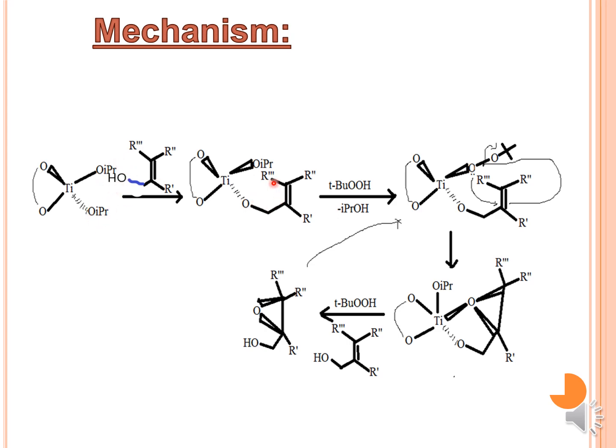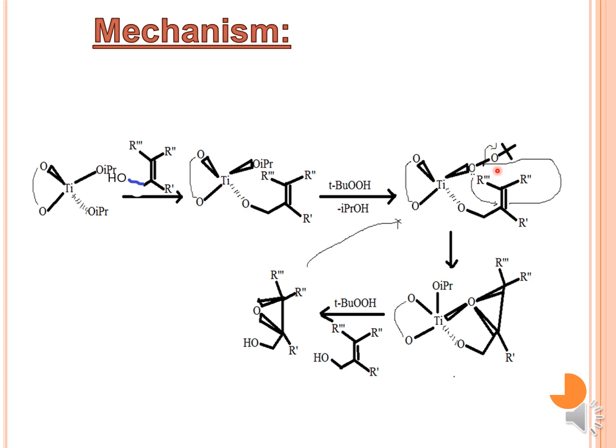So you will get back this moiety, and then upon treatment with the tertiary butyl hydroperoxide, again one more molecule of your OiPr, because you are treating with the tertiary butyl hydroperoxide. This will go and bind over here, resulting in the cleavage of one molecule of IPrOH, isopropyl hydroxide.